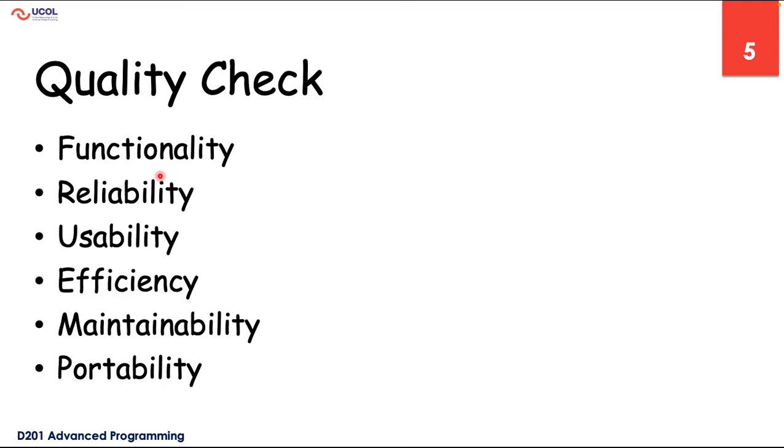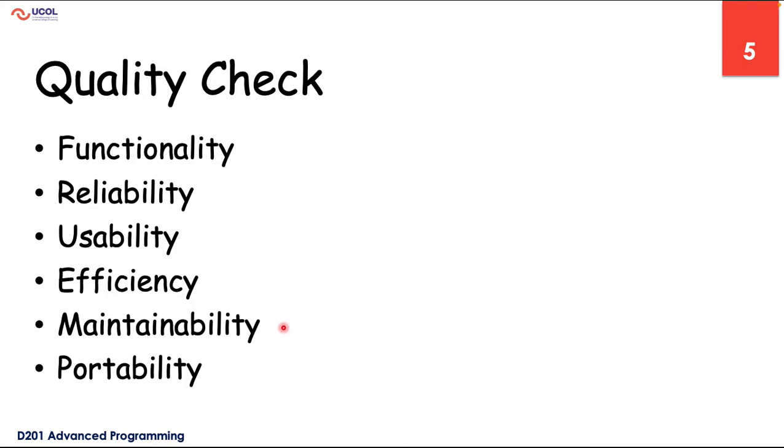Again, when we talk about quality checks, we have multiple quality checks. We have functionality: the components, what they need to do, and are they doing it properly. And then we check for reliability: are those components reliable, are they scalable. We have usability testing, so we can use them in an effective way. What is the efficiency or the speed of that particular software.